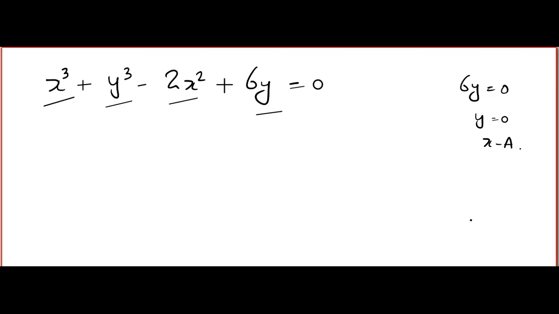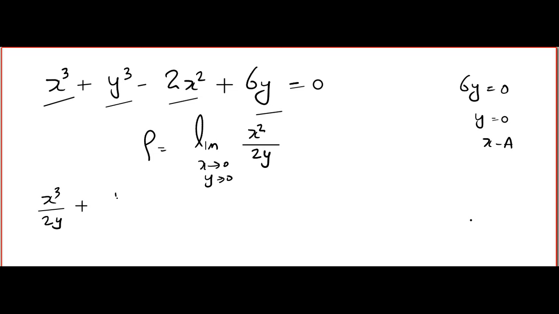So degree 1 is the smallest, and equating that term to 0, I get x-axis to be the tangent at the origin. So our radius of curvature is given by the formula limit x tends to 0, limit y tends to 0, x squared by 2y. So I am going to divide throughout by 2y, x cube by 2y plus y cube divided by 2y minus 2x square by 2y plus 6y by 2y is equal to 0.